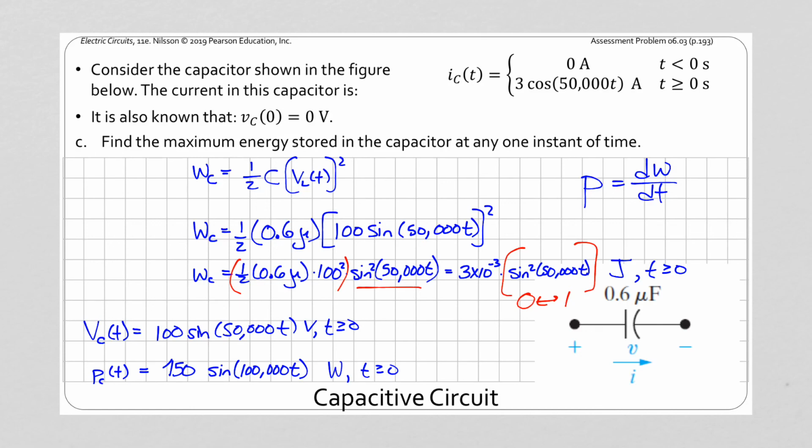And so if we want to find the maximum energy, the maximum energy is going to be where this function is maximum, and this function is maximum when it equals 1. And so we're going to have 1 times our 3 times 10 to the negative 3 joules is going to be the maximum energy. Three times 10 to the negative 3 times 1 joules, or 3 millijoules if we use a unit prefix there.